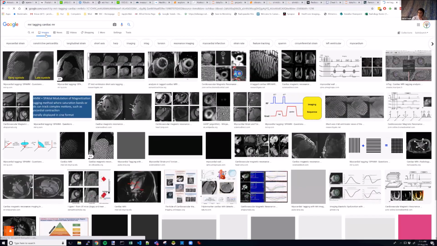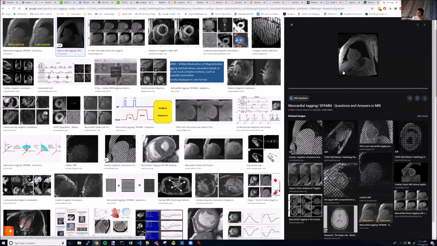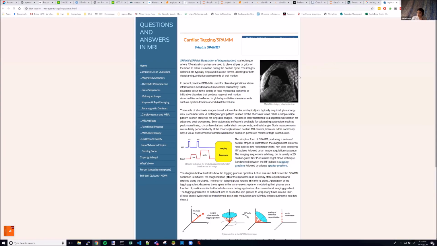So traditionally, if you want to look at whether or not the wall motion is working well on an MR of the heart, you have to do this thing called cardiac tagging, where you actually put a particular pattern of magnetized protons. Essentially, you induce some magnetization across the protons in the body in a specific pattern, and the motion of the heart changes that image, right?